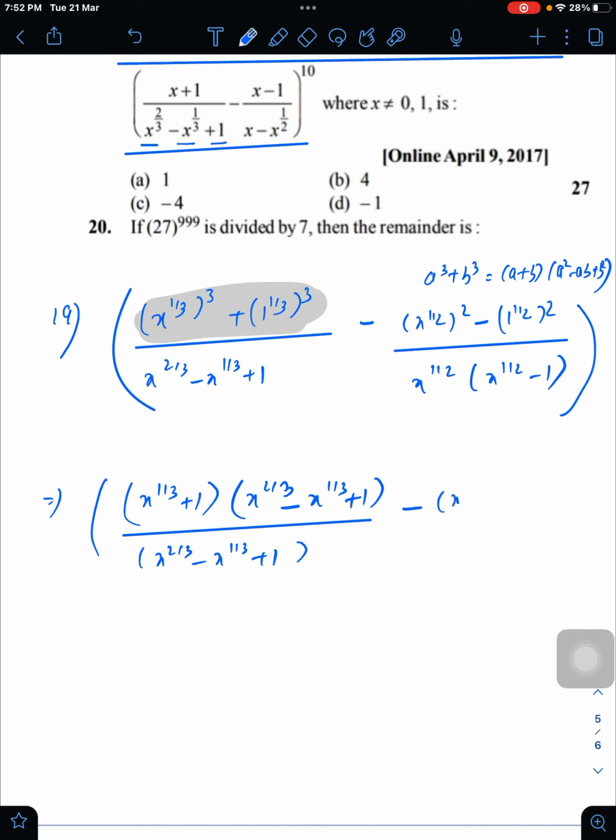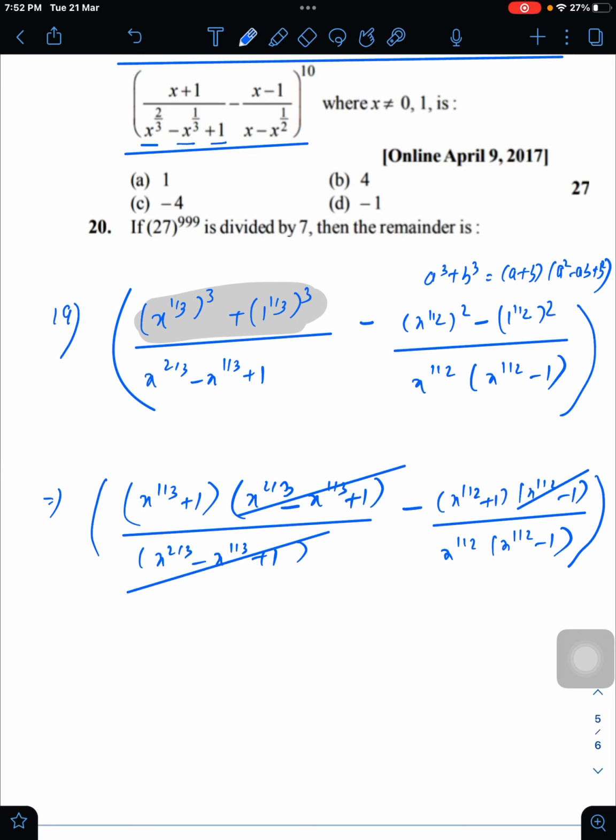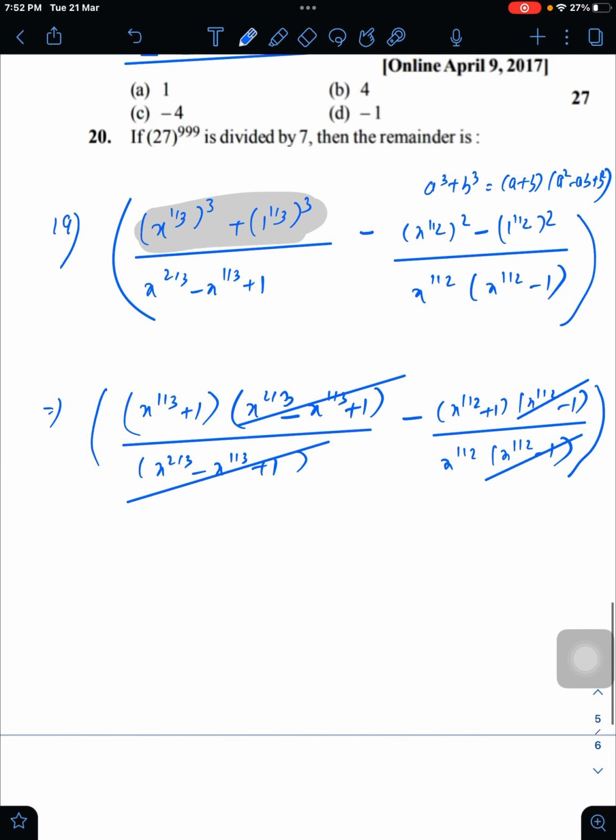Minus x to the power 1 by 2 plus 1 into x to the power 1 by 2 minus 1, divided by x to the power 1 by 2 into x to the power 1 by 2 minus 1. Look how smooth the question is. It gets cancelled out. Just have a look. It gets cancelled out. Am I correct? Yes, sir. It is so easy.